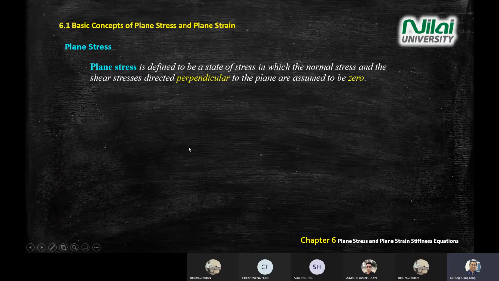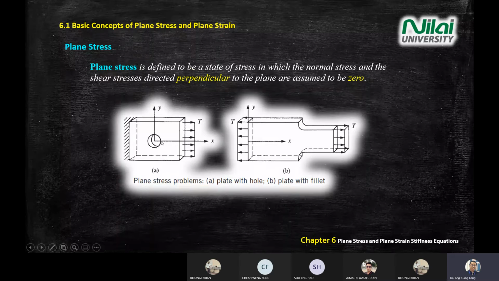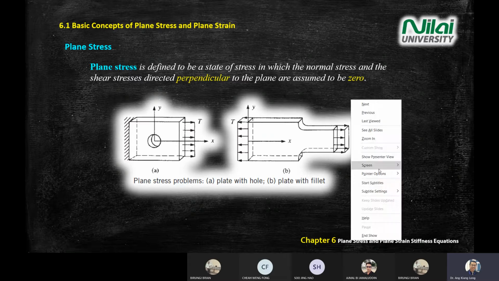All right, now what is a plane stress definition? So as you can see from the diagram here, if you look at the left-hand side and right-hand side, the difference is with the hole and without hole, but what I want you to focus on is the T, the tension loading on the structure itself. As you can see, you are given Y and X direction.